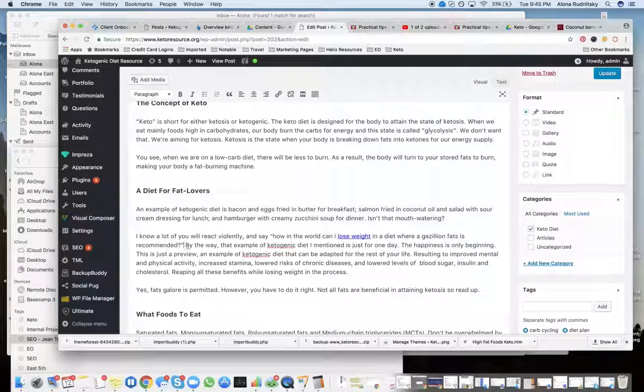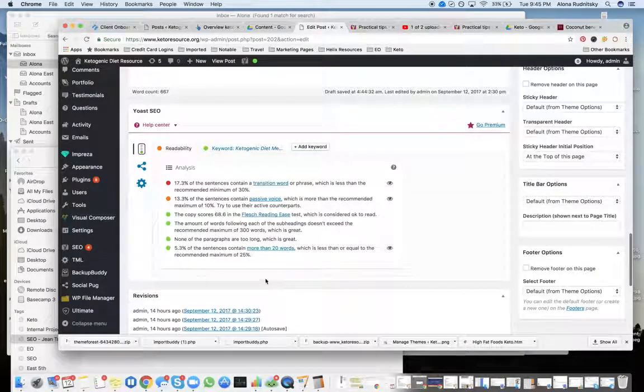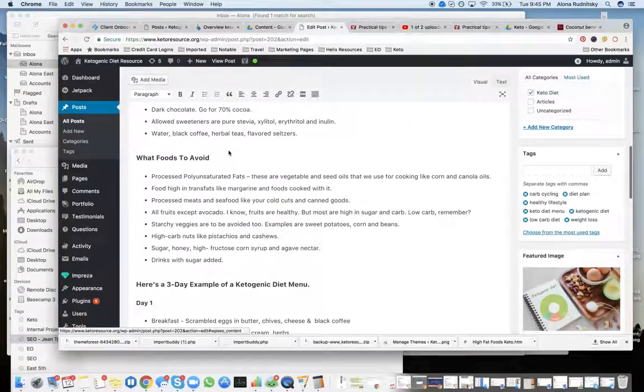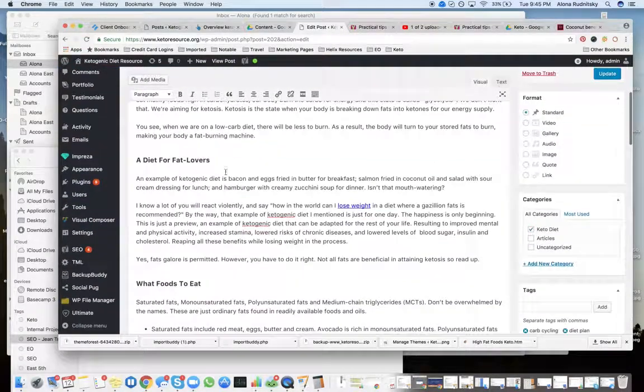Let's close this. So now we're at 17.3 still. By the way, that example of ketogenic diet I mentioned is just for 1 day. And happiness is only the beginning. So it's a lot of periods today.